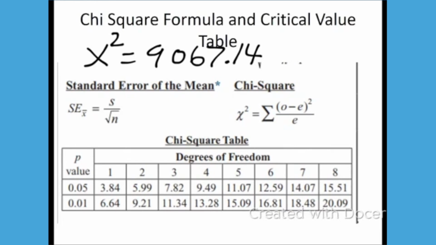In this experiment, we only had two phenotypes, two outcomes, and that was either interphase or mitosis. So our degrees of freedom are our number of outcomes minus 1, 2 minus 1. We have 1 degree of freedom, and we're going to use the 0.05 p-value, which puts us at a critical value of 3.84.